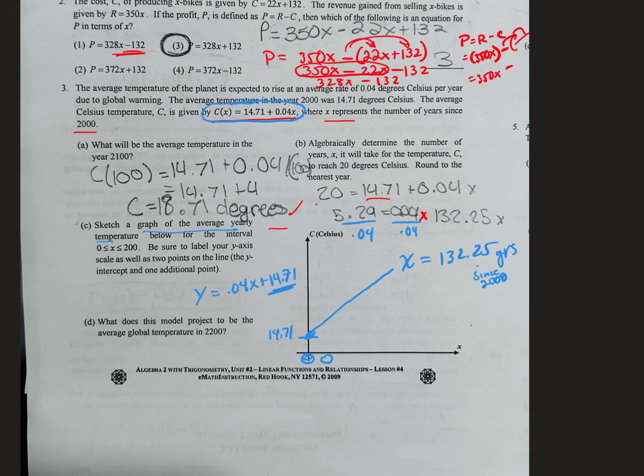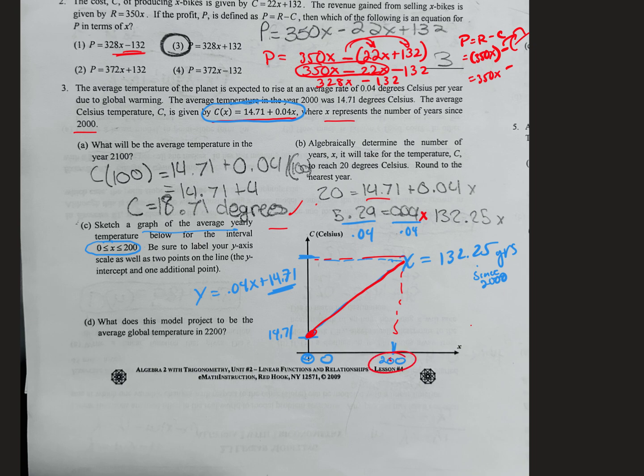And they want us to do it over the interval from 0 to 200. So you're going to have to figure out, when x is 200, what is this y value? Okay, so your graph will look something like this line, start right here with that y-intercept and increasing until you get to this maximum. And the maximum they want you to look at is right here at 200 years.